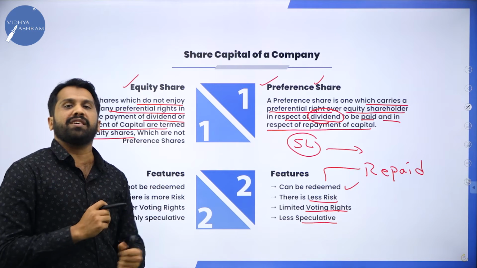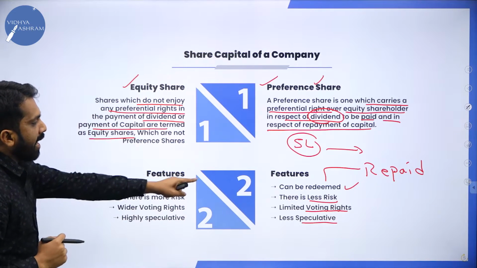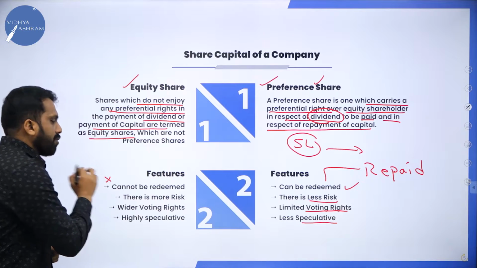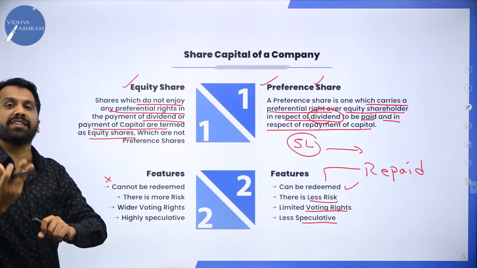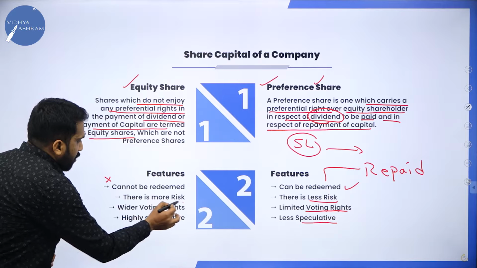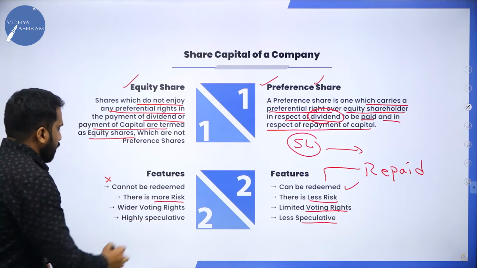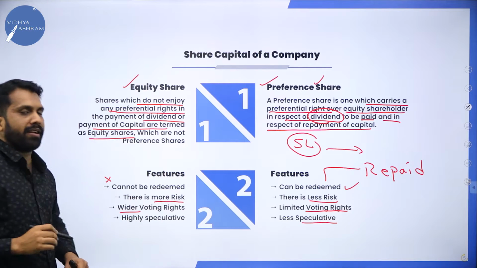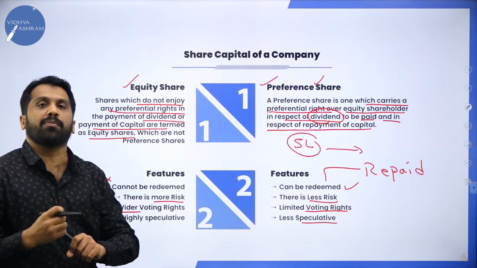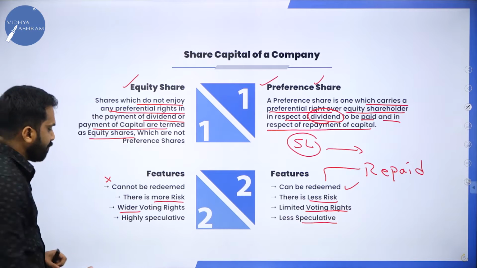The reverse will be equity shares. Cannot be redeemed, you cannot repay. More risk, whereas risk is less in preference. Wider voting rights, you have more power to vote.